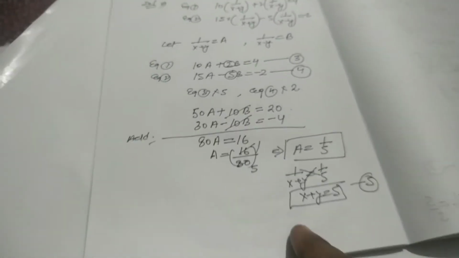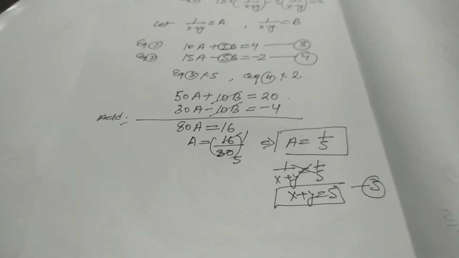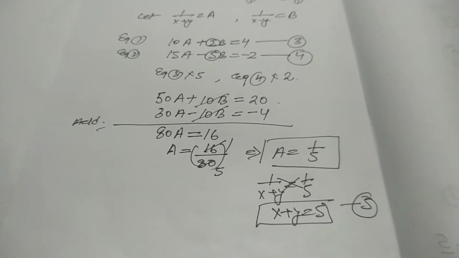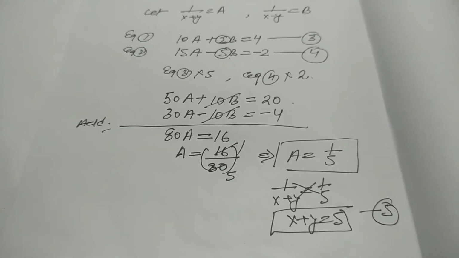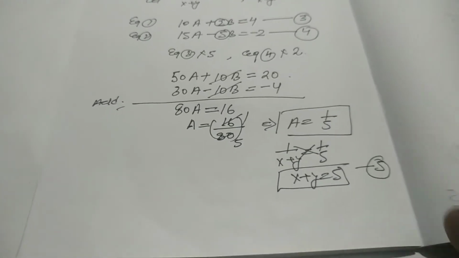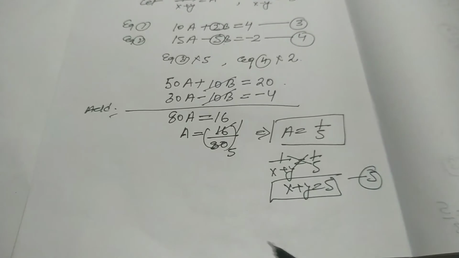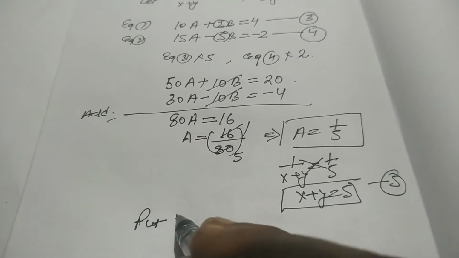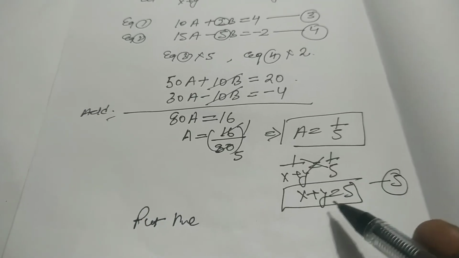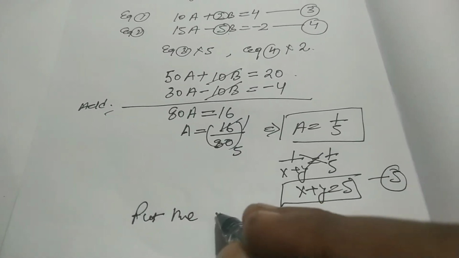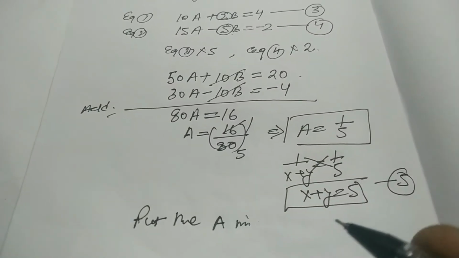Now we have another equation which is free from denominators, where the variables are not in the denominator, but it is a two-variable equation. We have to further solve this one. Now put the value of x plus y in equation 1 or 2, or put the value of a in any equation.